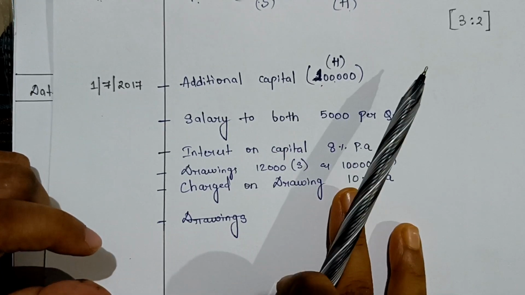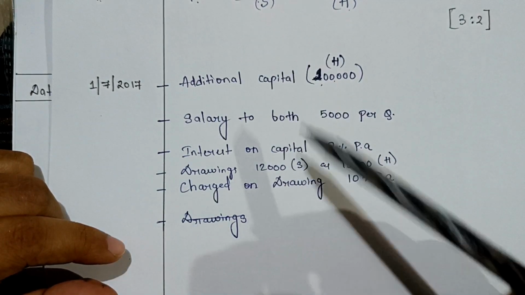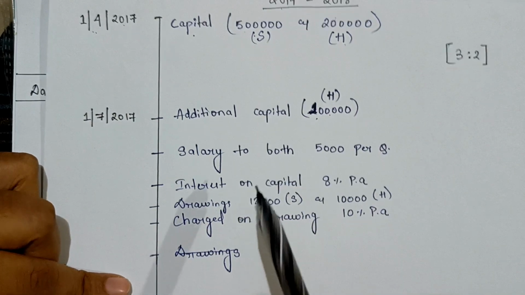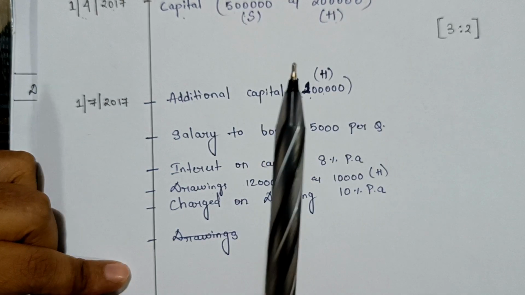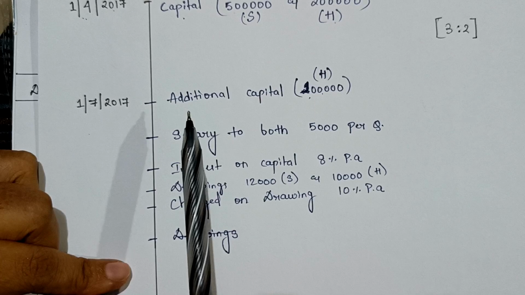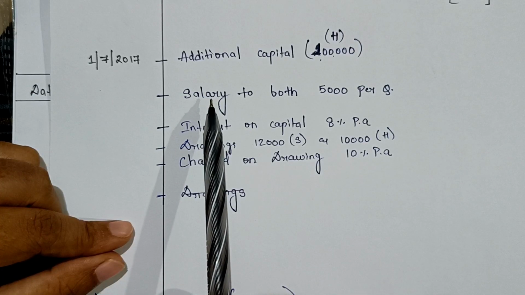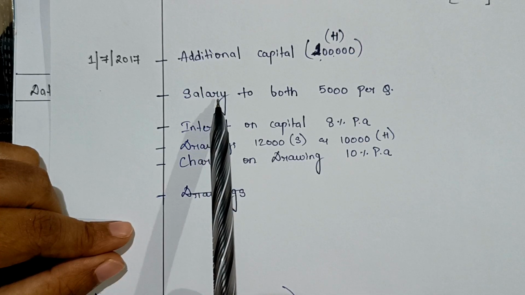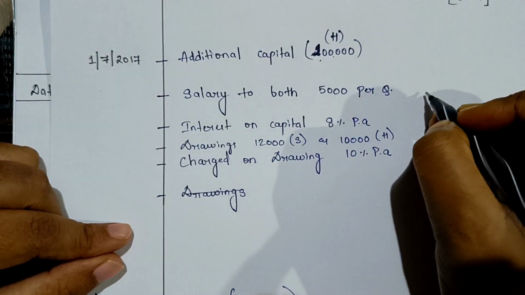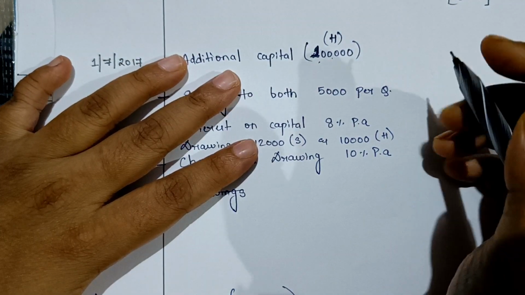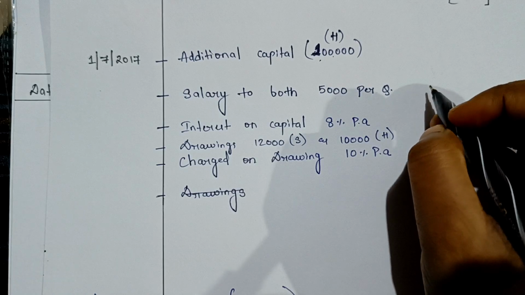Okay. Next, in between this financial year, sorry, this is not a calendar year, this is the financial year, they both were allowed a salary of rupees 5,000 per quarter. Per quarter means here for every 3 months they got 5,000 as salary.